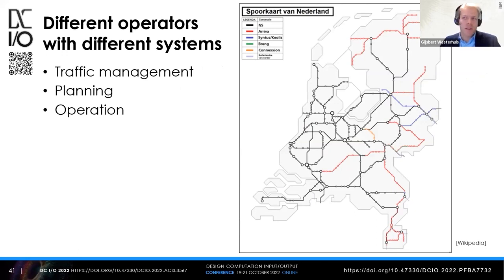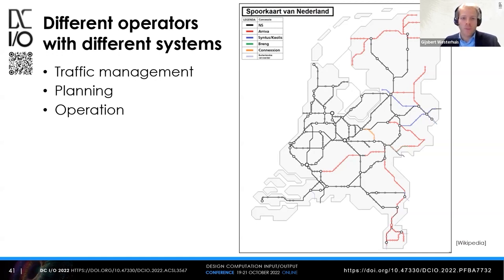It's also split up between the planning system, which is a different system than the traffic management system, which is a different system than the operating system. They are connected, but not in such a way that they communicate easily back and forth. And also, the biggest operator within the Netherlands is Dutch Railways.